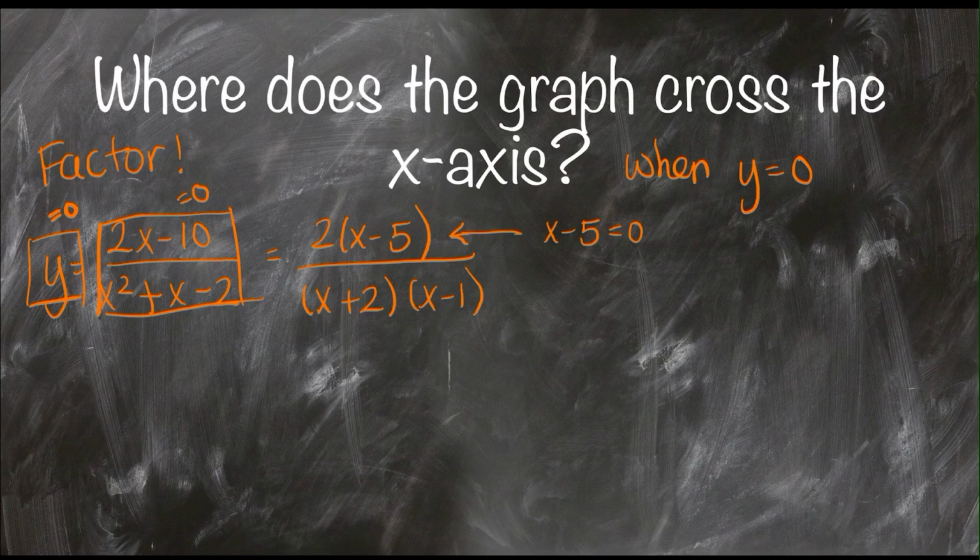And when does that equal 0? At 5. So our x-intercept here, or our 0, is 5, 0. Okay, so you'll notice we factored the top, and we found where the top equals 0, because that's where the whole thing is going to equal 0. 0 over anything I have on the bottom, it doesn't matter what it is, always going to give me 0.